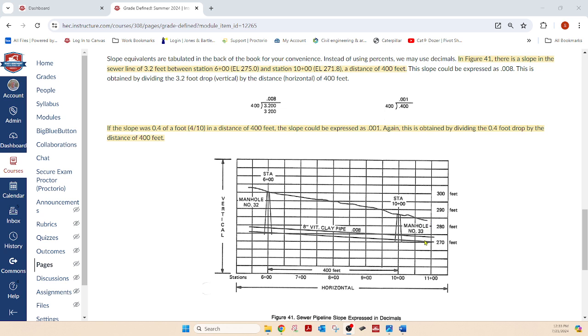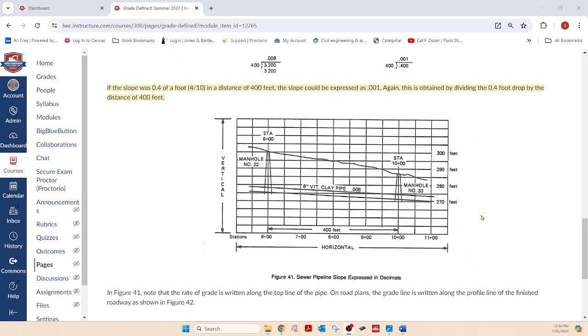These little guys here are 50 feet apart. And the reason I'm changing my mind is because this is 270 and this is 280. So from here to here is 10 feet. So from here to here is 50 feet. Okay, I think we got that down. If not, we will come back to it.